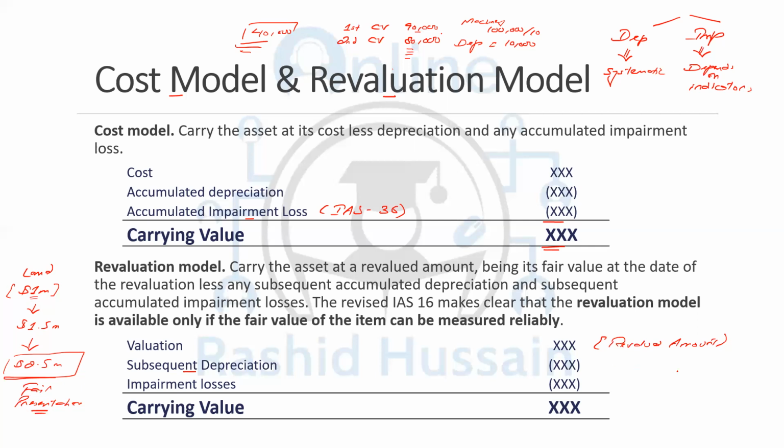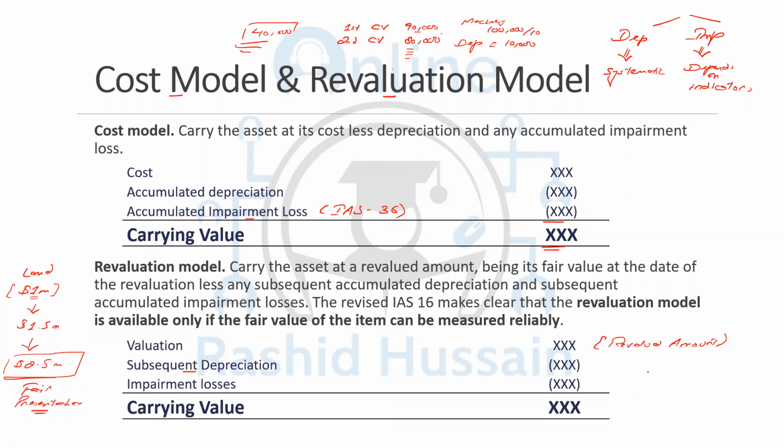Remember this. And obviously, we are talking about depreciating assets. If it comes to land, we know that land is not depreciated, so there will be no depreciation and accumulated depreciation on land. We are talking about other assets, for example, plant and machinery, building, lease property, things like that.